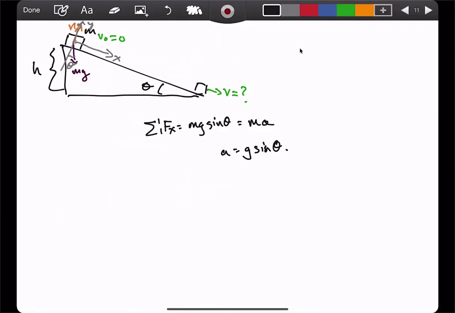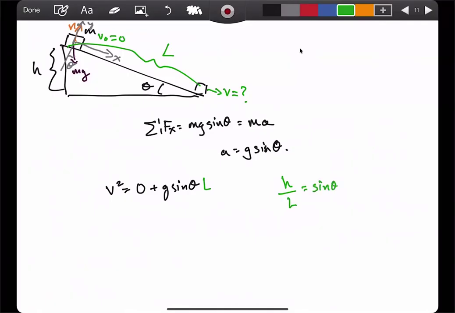The easiest one to use would be the third kinematic equation. So my final velocity squared is equal to 0, my initial, plus g sine theta times delta x, where delta x is simply the length of the plane, L. But we can rewrite L in terms of h, because sine of the angle is equal to the opposite side divided by the hypotenuse, which means L is equal to h over sine of the angle.